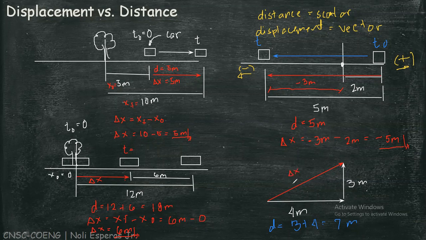So using the Pythagorean theorem, we can solve that the displacement from initial position to its final position is 5 meter.